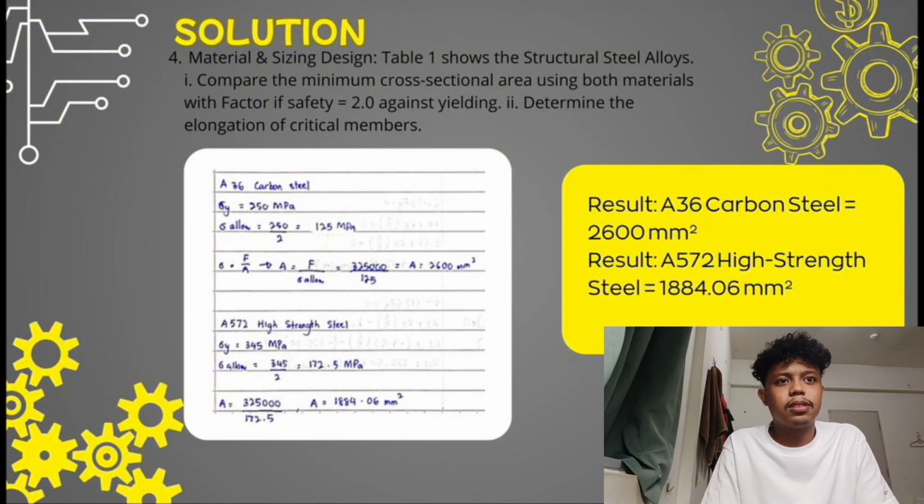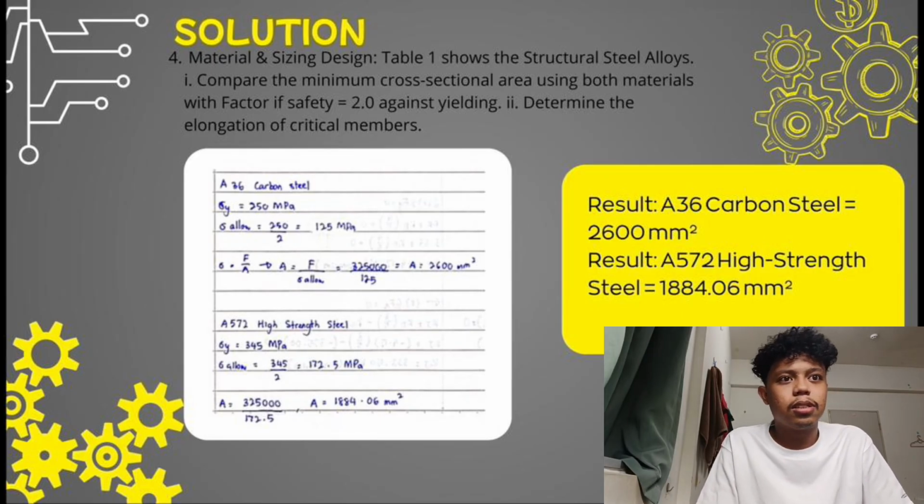Using the stress formula, stress equals F over A, which means A equals F over allowable stress, equals 325,000 over 125, so A equals 2600 millimeter square.